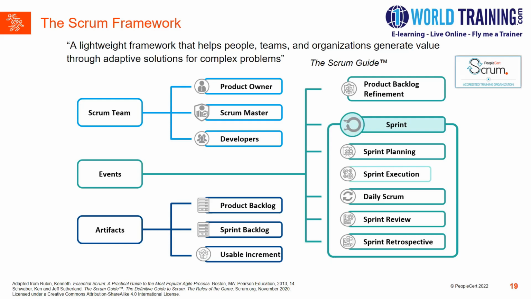The daily scrum is an important ceremony where the development team, along with the product owner and facilitated by the scrum master, discuss the overall progress and see if there are any impediments.